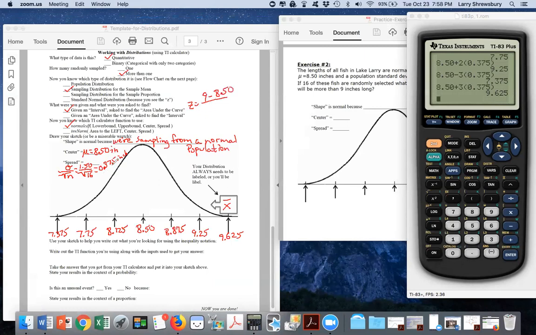So use your spread here, the 0.375. Now let's calculate and see how far away that is. So I've got 9. Oh, I want to do a parenthesis there. There we go. 9 minus 8.5.